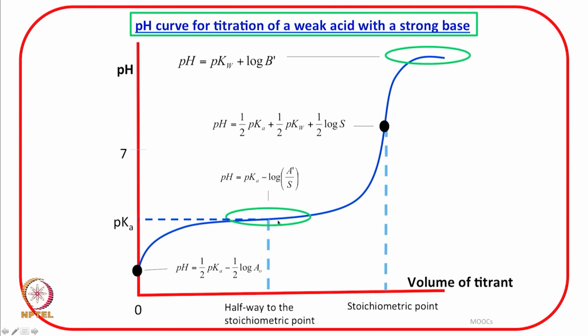That means, we should choose a substance, and the region, wherever it has a value of pKa plus minus 1, that range can be used to be selected as the substance for preparing a specific pH. For example, if I want to prepare a solution of pH 7, then I should pick up a salt or an acid.